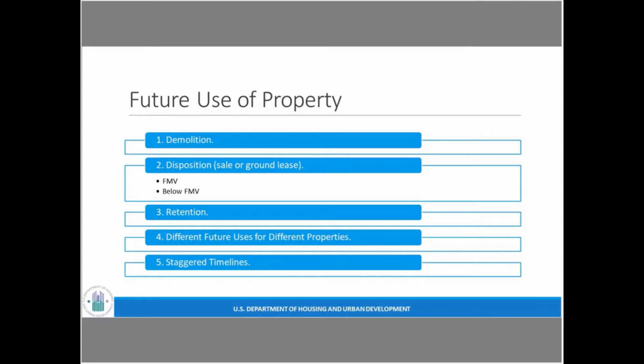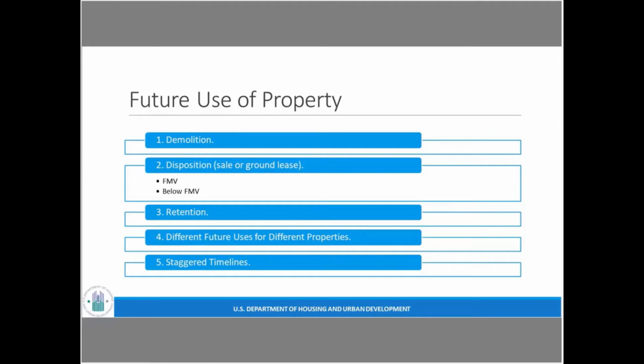And the future use of the property, of the real estate, of the dirt, in essence, is definitely part of the Streamlined Voluntary Conversion Plan, but that isn't really part of the threshold criteria, unlike maybe a demolition or disposition where we're really looking more to what's happening with the real estate.